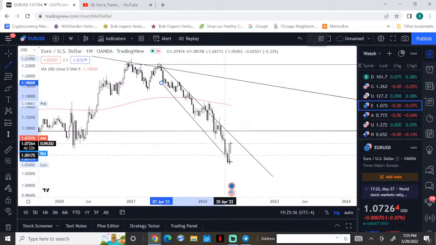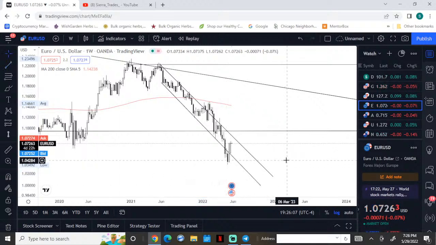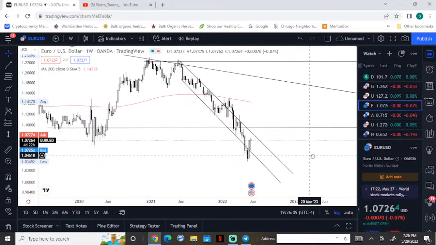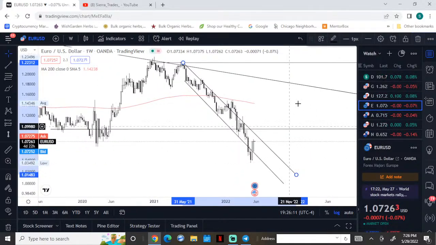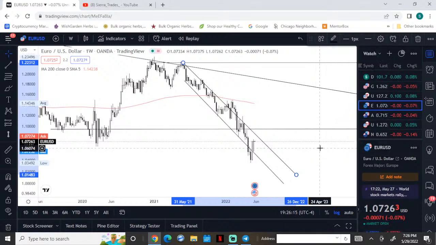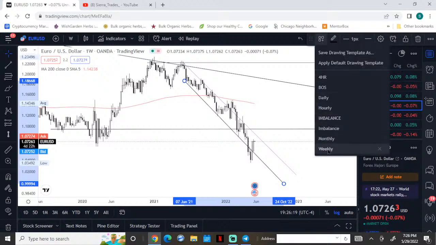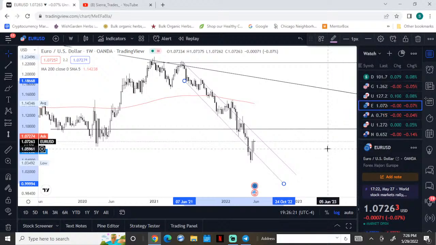All right. I'm going to bring this. I'm going to bring it in, because although price came below, it did not close below that trend line. And let me change my colors. Alrighty.